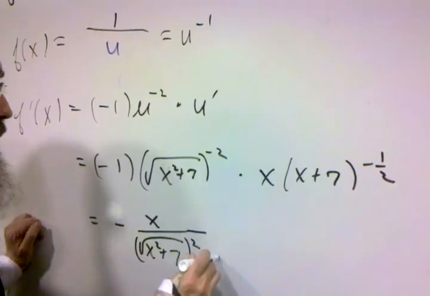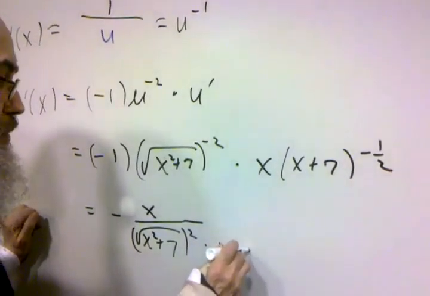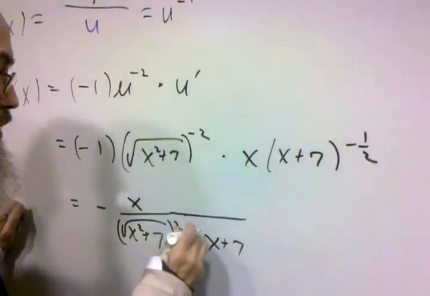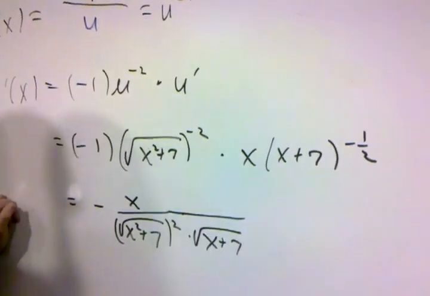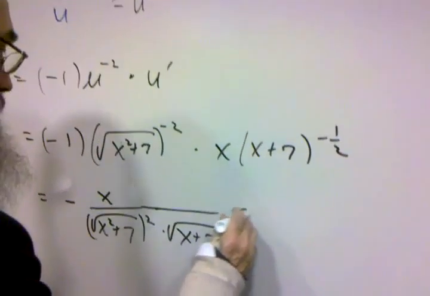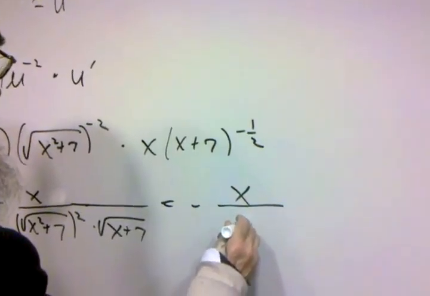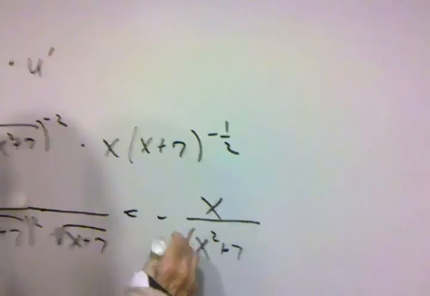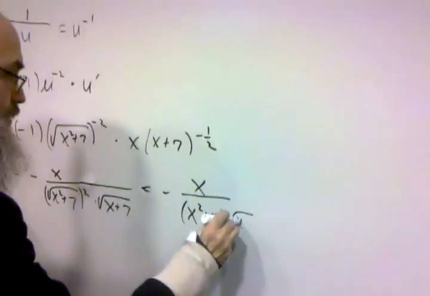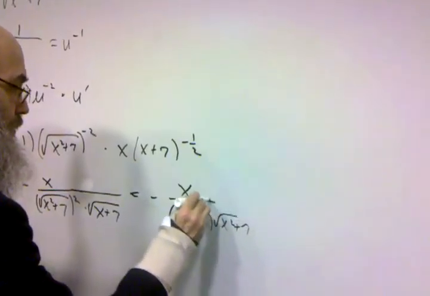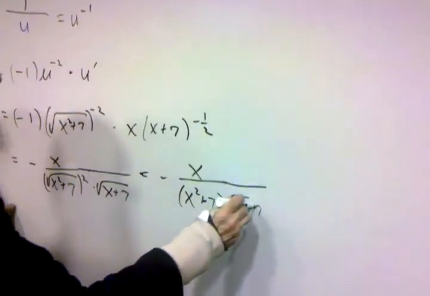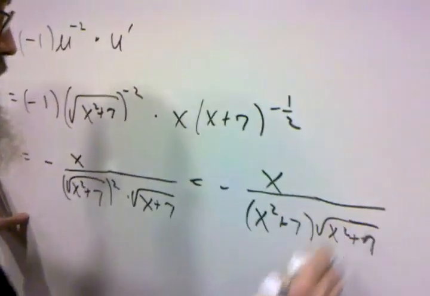And this is also x squared plus 7, on the bottom, so it's just the square root of it. This equals negative x over x squared plus 7 times the square root of x squared plus 7. And that would be a nice answer, a reasonably nice answer, if we want to leave it.